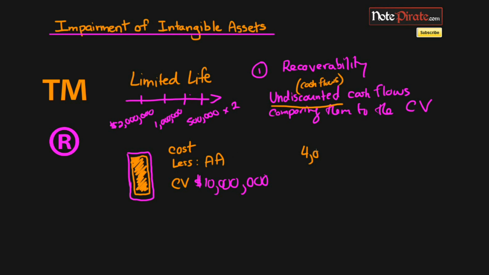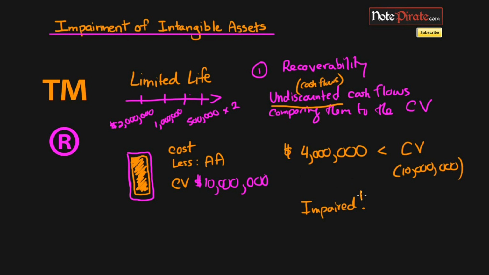So we see that the amount is $4 million, and since our undiscounted cash flows are less than the carrying value, which is $10 million, we know that we're probably not going to recover our investment, and it's considered impaired.